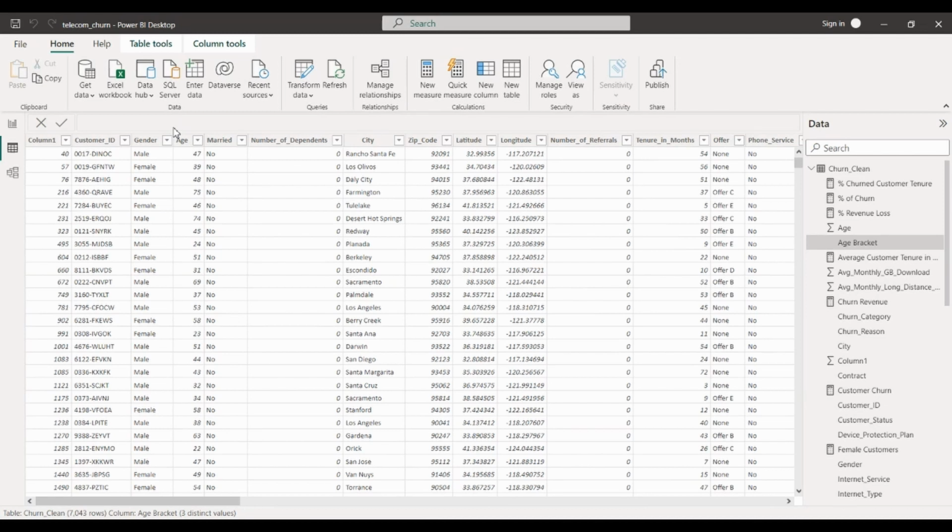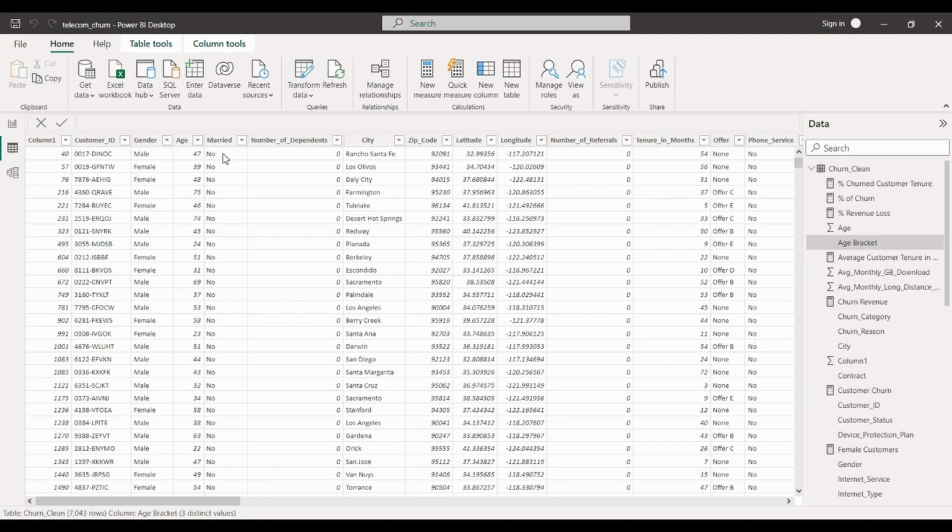In our second column we have gender, male and female, and in another column we have age, the customers' age at the end of different quarters. Basically we have a data set at the end of quarter 2 2022. Later we calculate the age brackets, which we'll talk more about later.